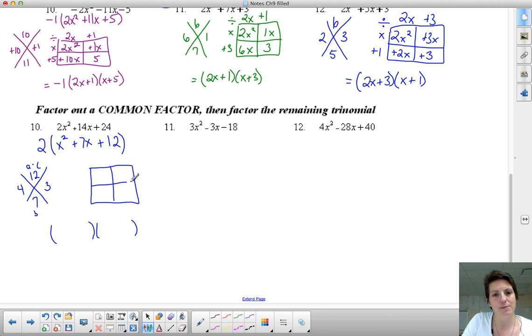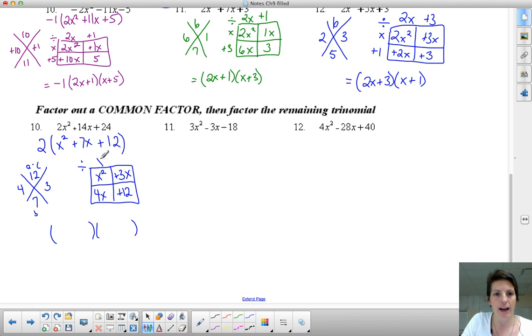So here's our box. And we keep our x squared in there. Our constant always goes in the second corner, or the bottom right corner. And then we split this positive 7x into these two pieces. So 4x and 3x. And we're doing division, so we're going to pull greatest common factors here in our box.